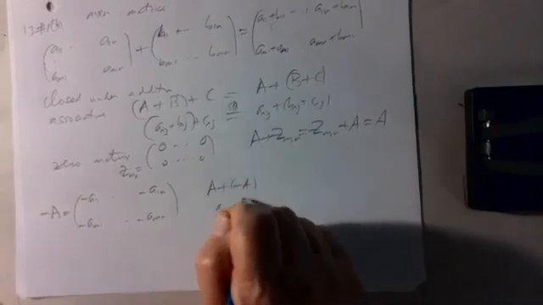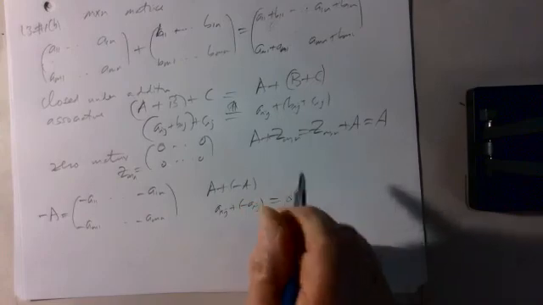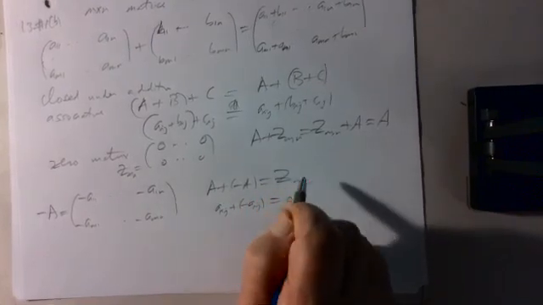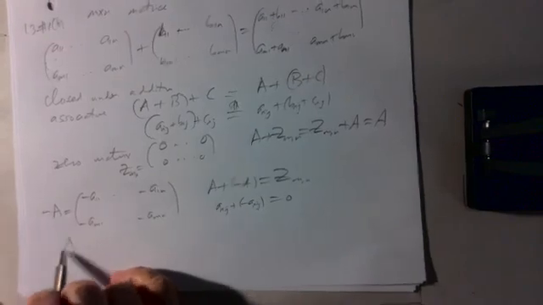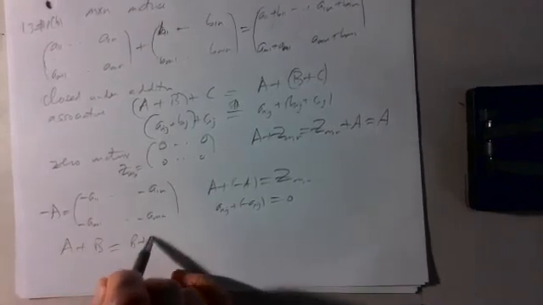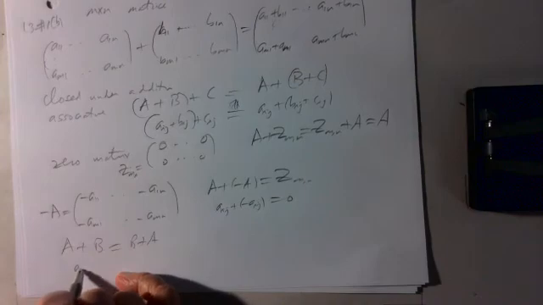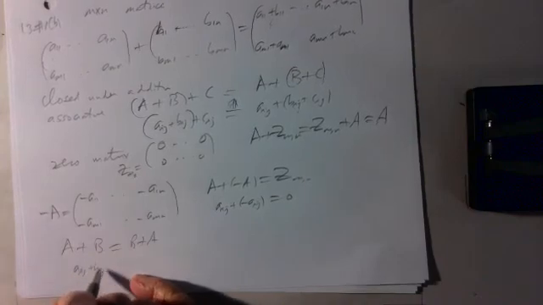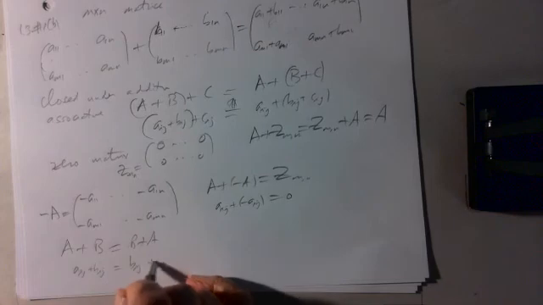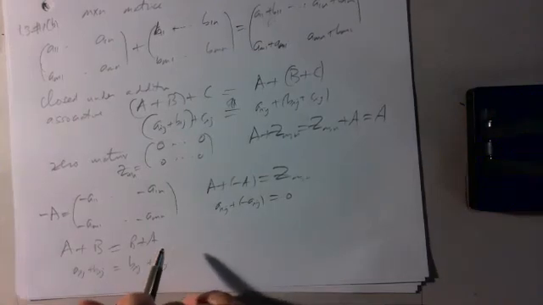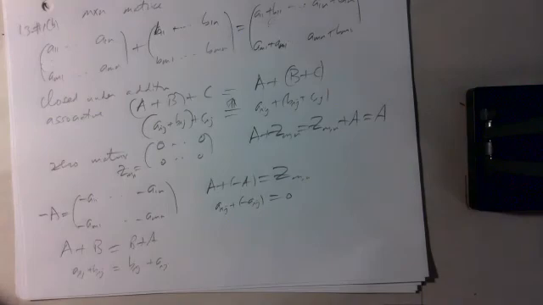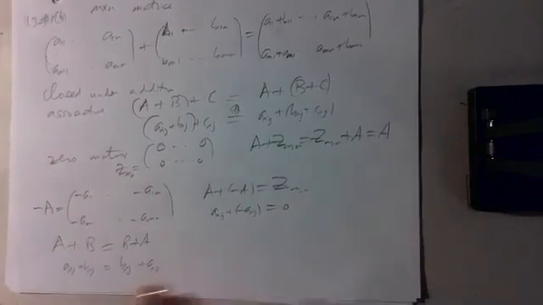It's Aij plus minus Aij, which is 0. And finally, A plus B equals B plus A, because the ijth coordinate Aij plus Bij is the same as Bij plus Aij. So all of the properties of an additive abelian group are satisfied for the set of m by n matrices. Okay, thank you so much. Sure.